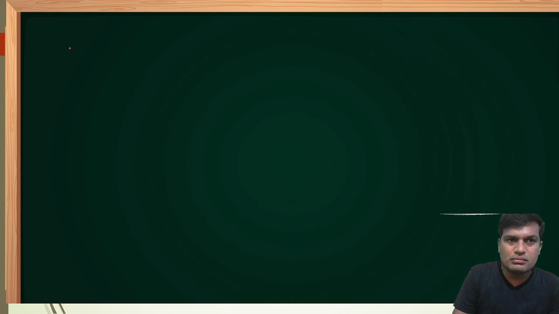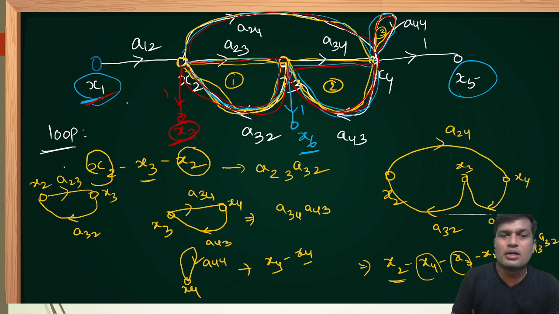Now, one more discussion: two non-touching loop gains. This is a single loop. This is another single loop. The first and second loops will have a common node, that is this node. Whenever two individual loops have a common node, we can say these two loops are touching. What is the meaning of two non-touching loops?